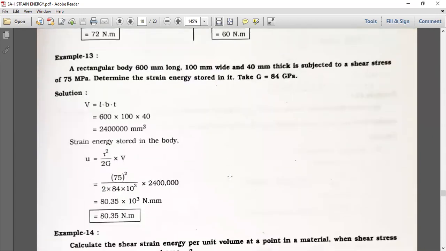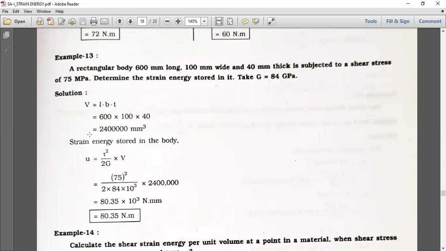Now, another example, but this example is quite different and a little short. A rectangular body 600 mm long, 100 mm wide and 40 mm thick is subjected to a shear stress of 75 megapascal. Determine the strain energy stored in the body. G is equal to 84 gigapascal. Take the volume as L into B into T. We have the values 600, 100 and 40.